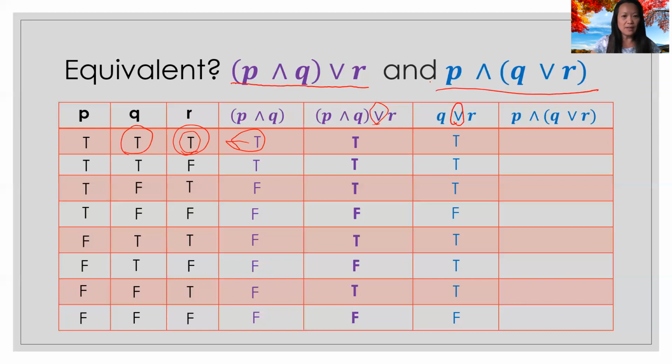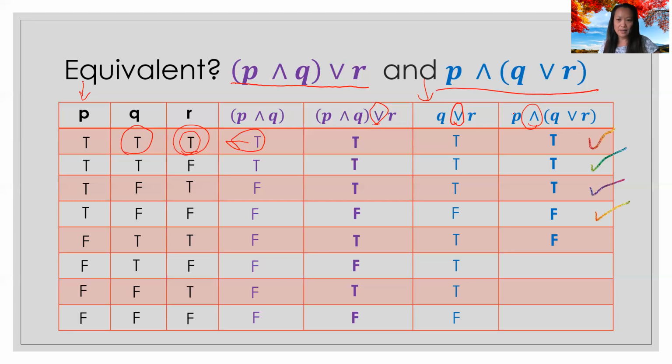So this one and this column. And the connective is and. Okay, so and means both has to be true in order for it to be true. So true, true, true, true and false is false. And then false and true is false.